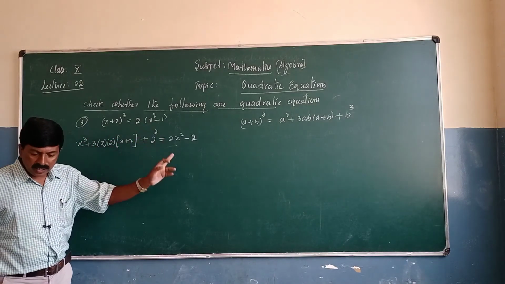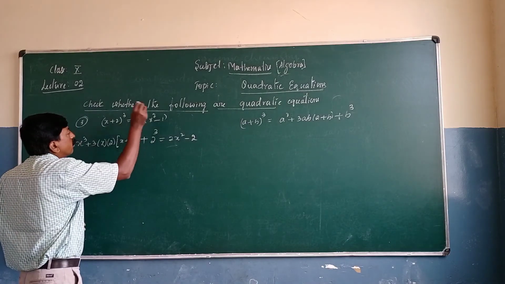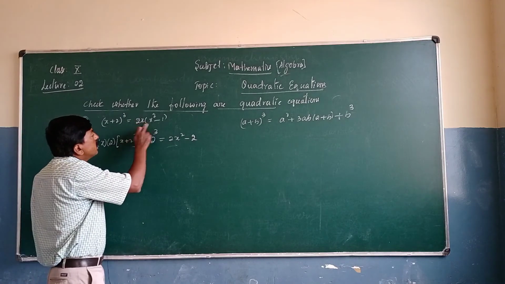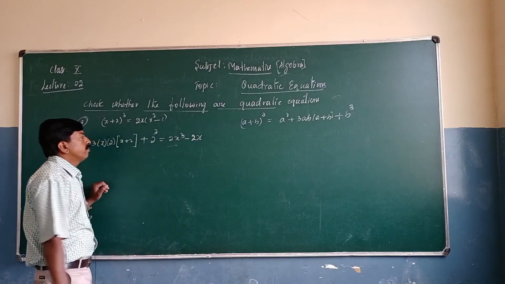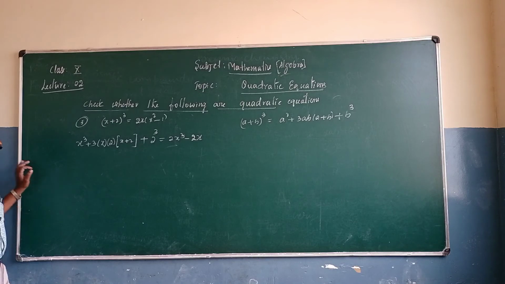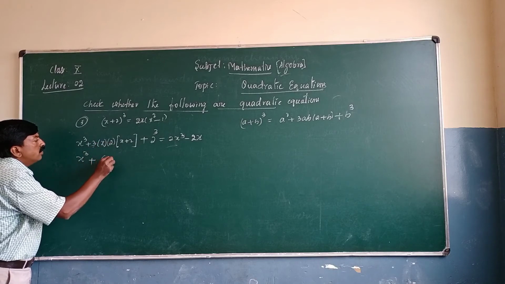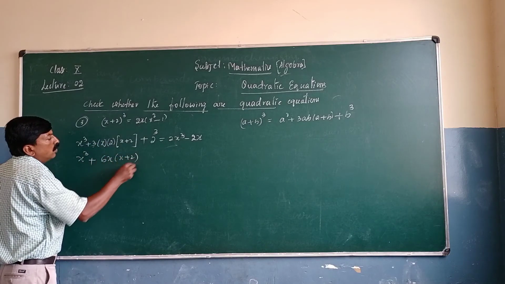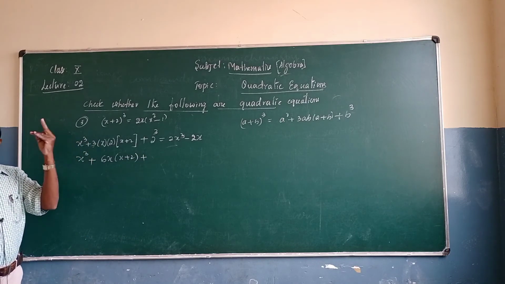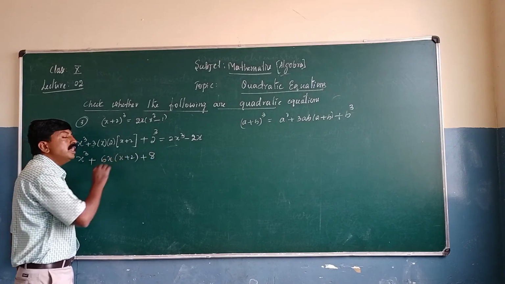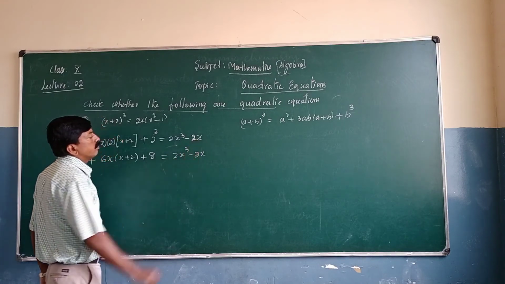So 2 times x square minus 1. Very good. 2x actually is 2x. So therefore 2x into x square is 2x cube, 2x into 1 is 2x. Now simplify it: x cube plus 3 2s are 6 into x plus 2, plus 2 cube. 2 into 2, 2 2s are 4, 4 2s are 8. 2 cube means 8, which is equal to 2x cube minus 2x.